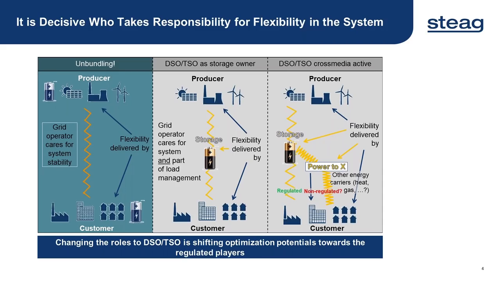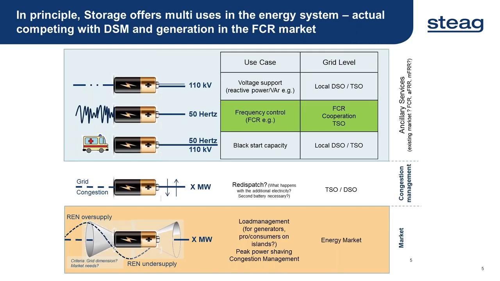And we should really discuss the combination between these needs and the grid questions. So the question of how to combine the grid with the market will be quite relevant in future.